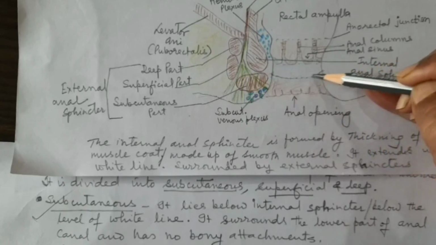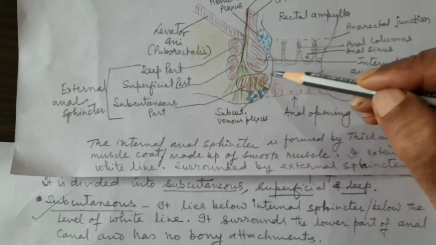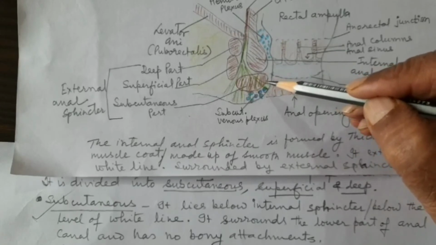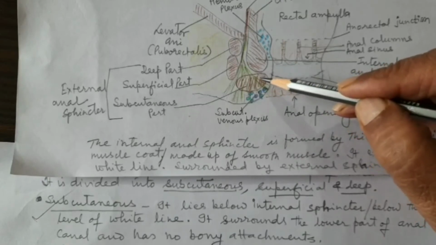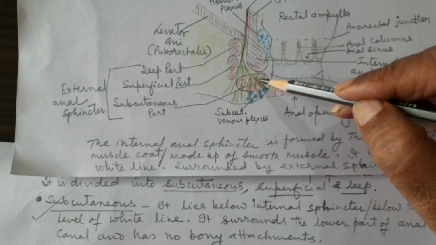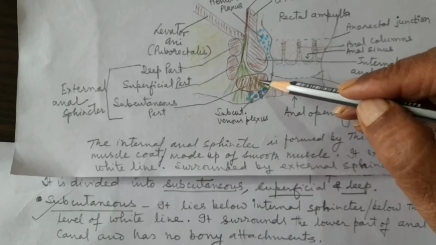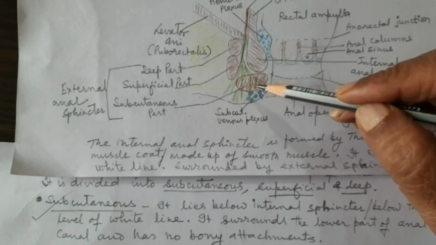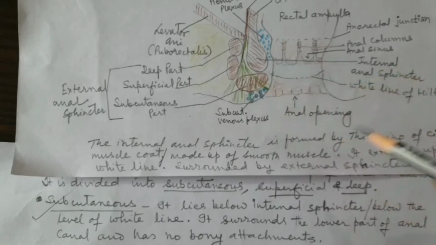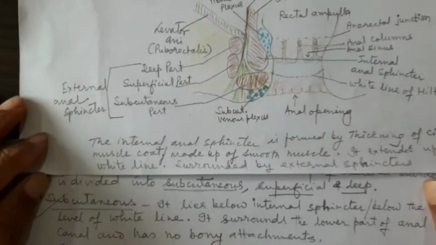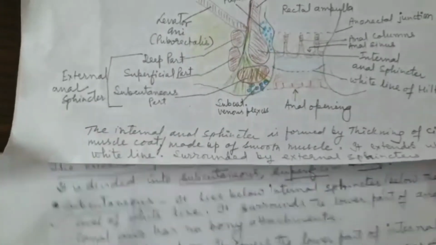So this was the white line of Hilton, and below this level is the last part of the anal canal, which is the anal orifice. This subcutaneous part lies surrounding the orifice, and though it is made up of skeletal muscle, it has no bony attachment, and it completely surrounds the opening of the anal canal, or anal orifice, just beneath the skin.